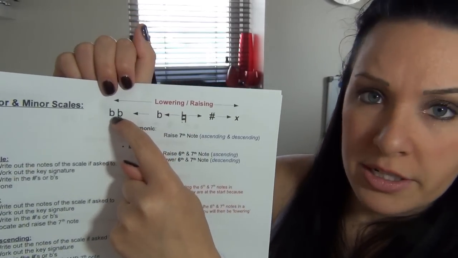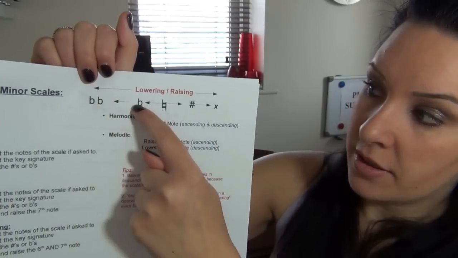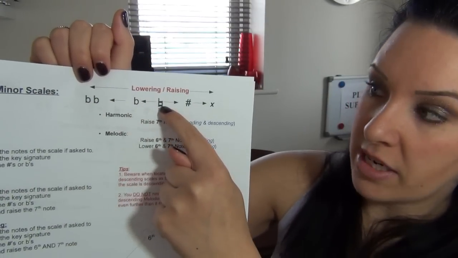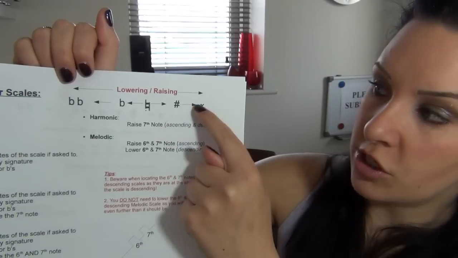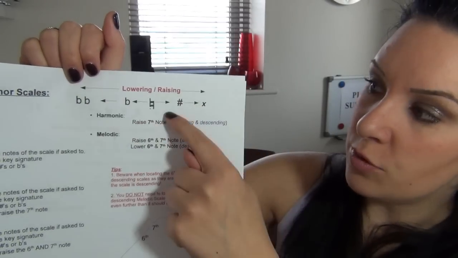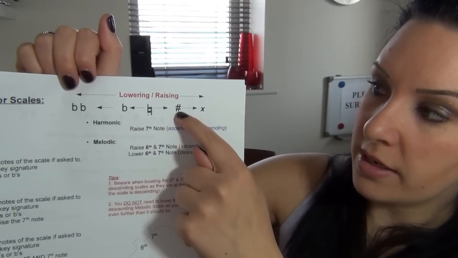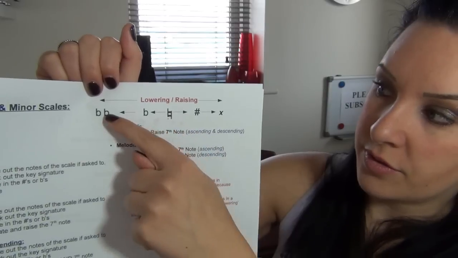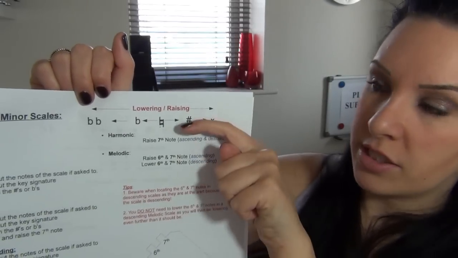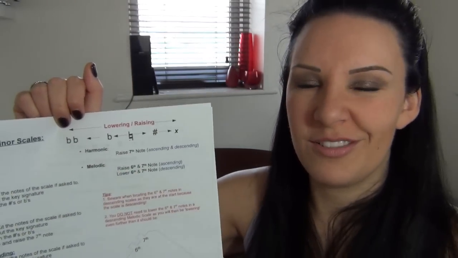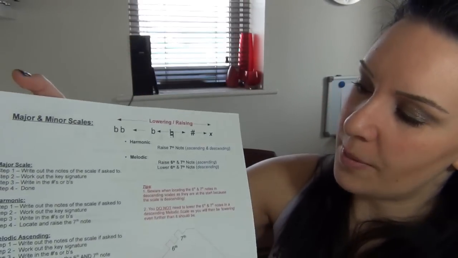So if you started at a double flat and you wanted to raise it, it would end up at a flat, raise it again natural, raise it again sharp, raise it again double sharp. If you started at a sharp and you wanted to lower it, then natural, flat and double flat. So raisings to the right, lowerings to the left. It's pretty easy to remember.